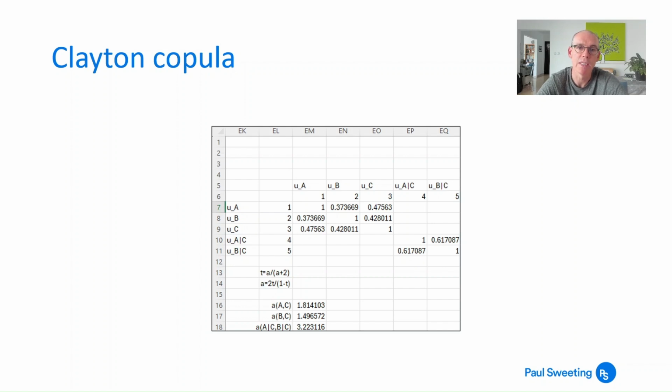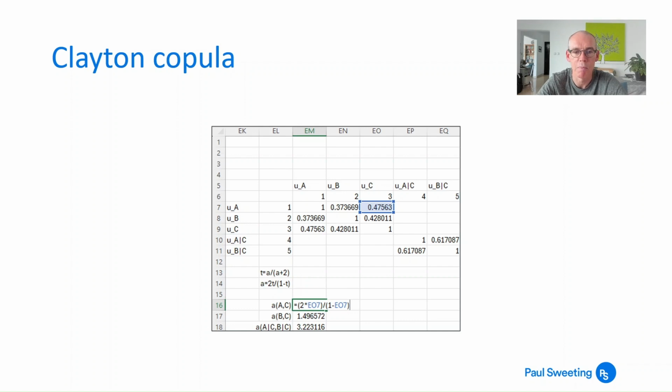So knowing this and knowing these values of Kendall's tau, I can therefore come up with a parameter for the Clayton copula, the Archimedean copula. And that's what I've done. 2 times Kendall's tau divided by 1 minus Kendall's tau. So that gives me the value for the parameter for the Clayton copula for the copula between A and C.